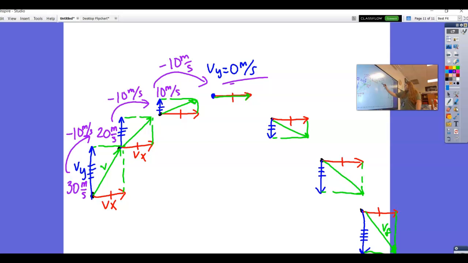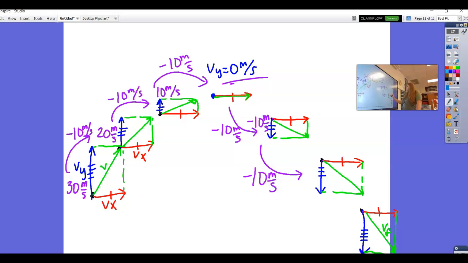Now, let's gain 10 meters per second. And that negative is just the direction. So right here, my velocity is negative 10 meters per second. Now we're gaining speed. We went from 0 to 10. And again, that negative is just direction. So now in the next second, let's use our acceleration and gain another 10 meters per second.